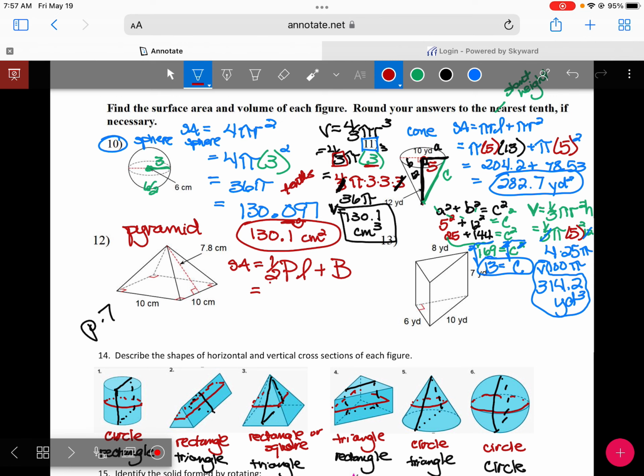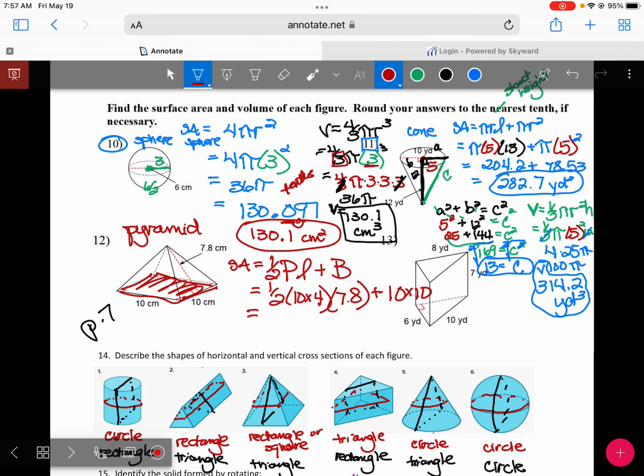So 1/2 times the perimeter. You always take the perimeter of your base. So that is 10 plus 10 plus 10 plus 10, or 10 times 4, times my slant height of 7.8, plus my base. This is a square, 10 by 10.